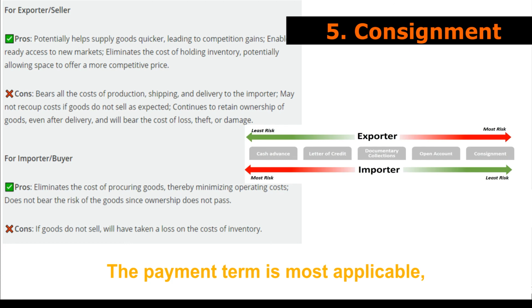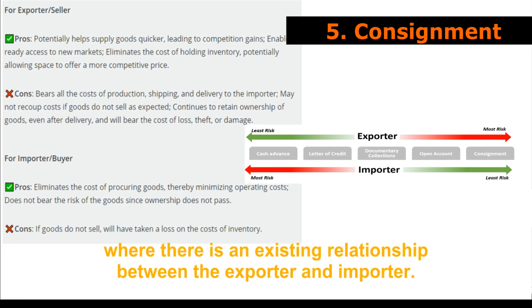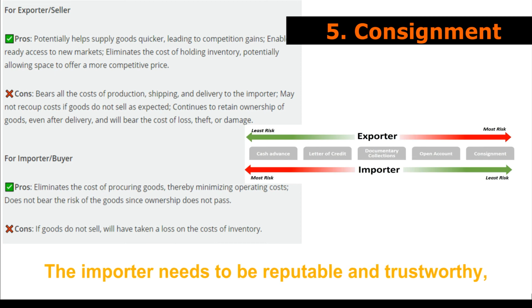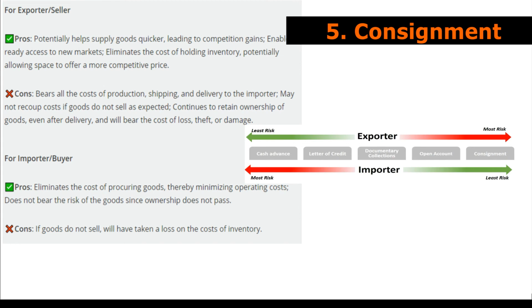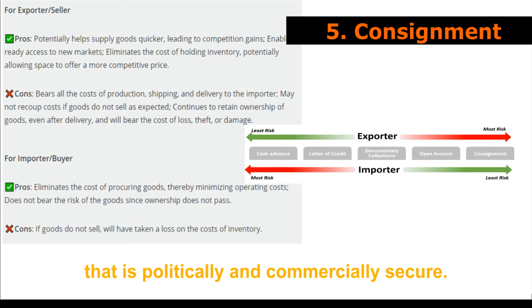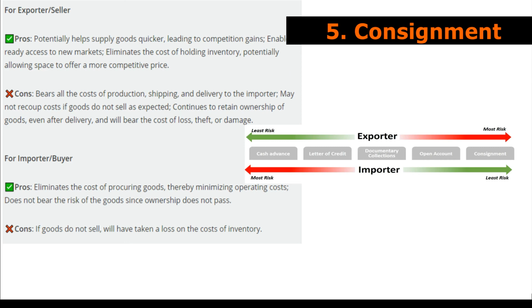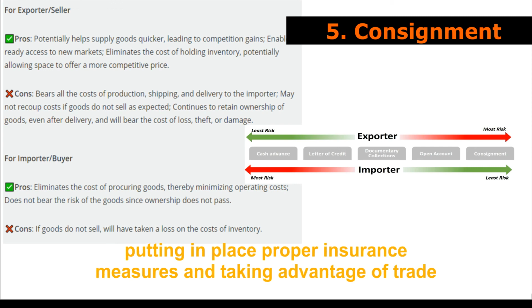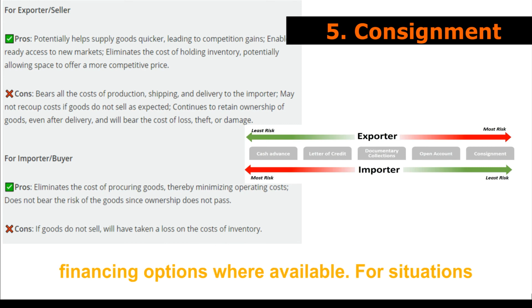The payment term is most applicable where there is an existing relationship between the exporter and importer. The importer needs to be reputable and trustworthy, and the goods must have been shipped to a country that is politically and commercially secure. In addition, this payment term simply cannot be accomplished without putting in place proper insurance measures and taking advantage of trade financing options where available.